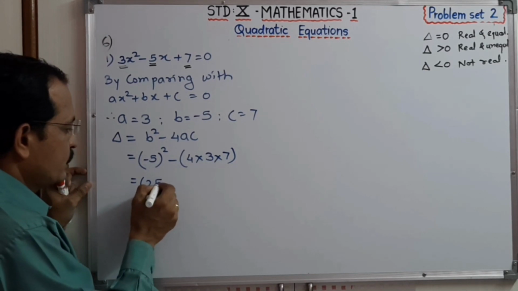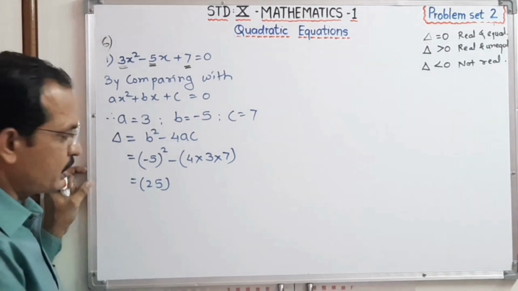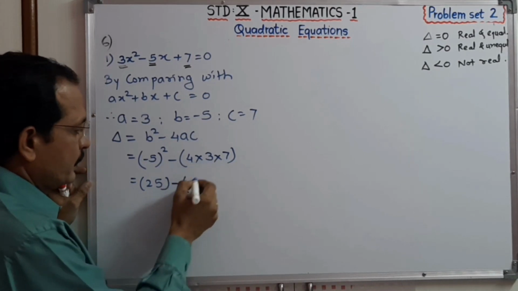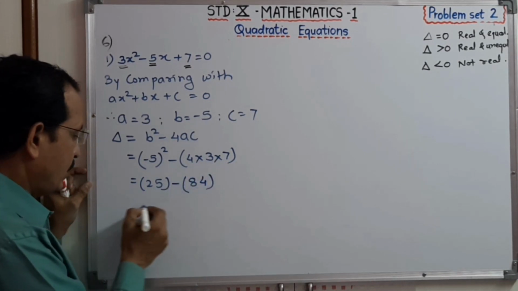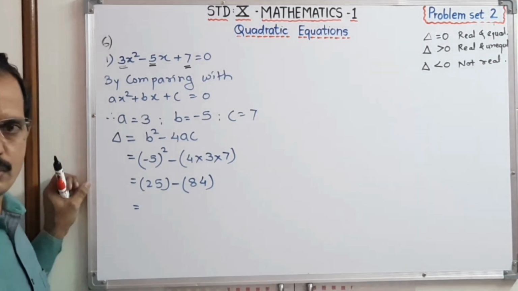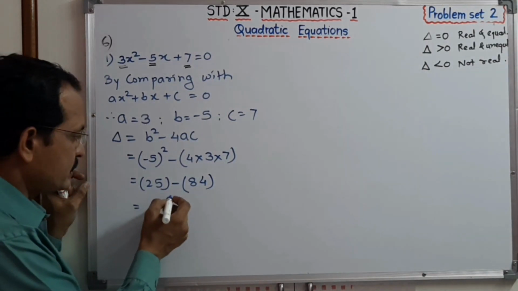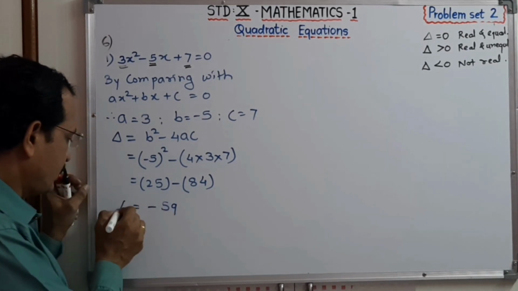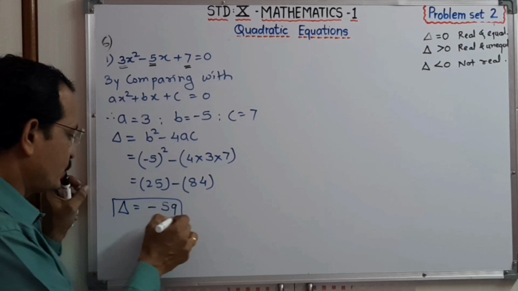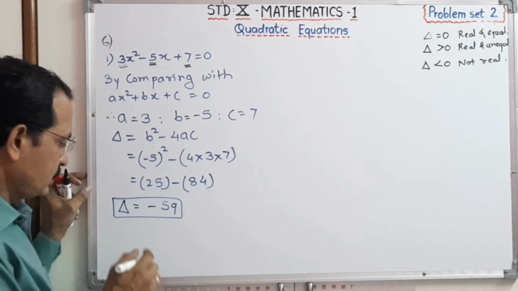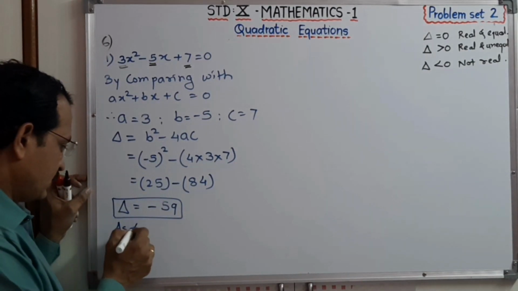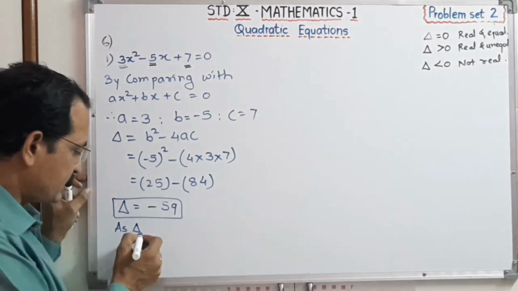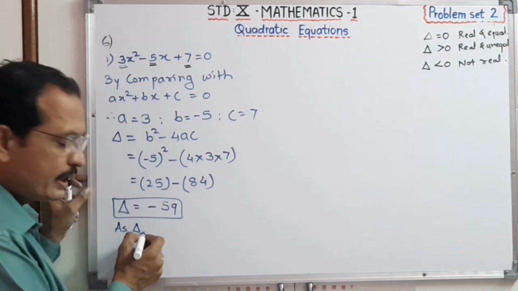It is square of minus 5, it is plus 25. This is 84, and now we have to find the value of this. 25 minus 84, it is minus 59. Therefore delta is equal to minus 59. Yes student, as delta is minus 59, that means the value of delta is less than 0.